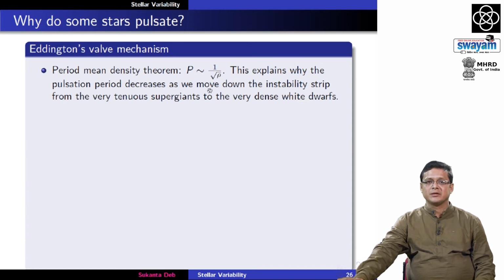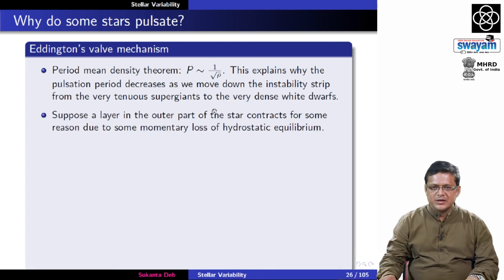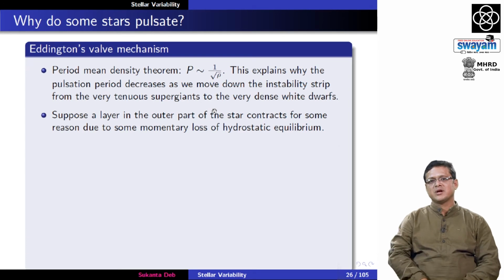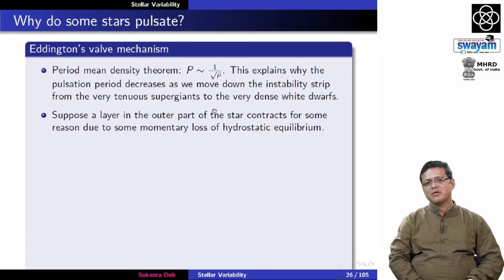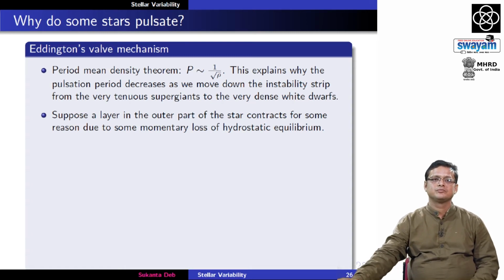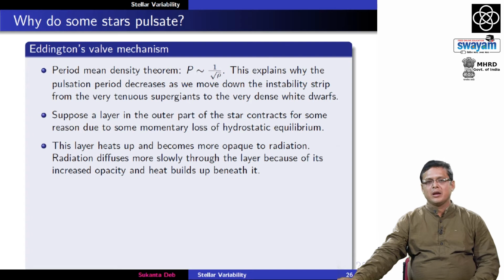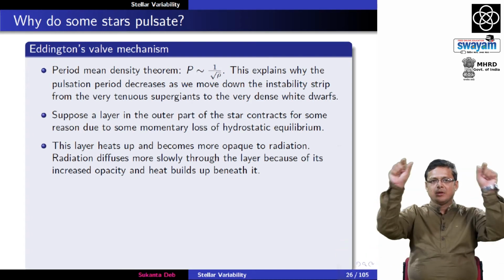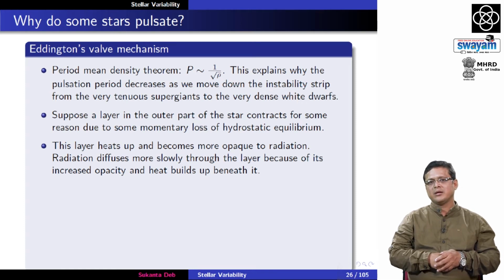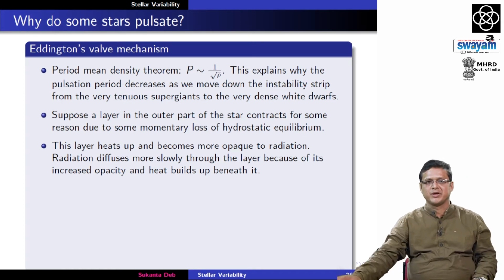Now, let us consider that a layer in the outer part of the star contracts for some reason, due to some momentary loss of hydrostatic equilibrium. The gases inside the layer will be heated up, and once they are heated up, they become much more opaque to radiation.